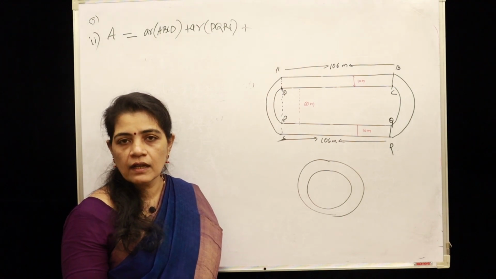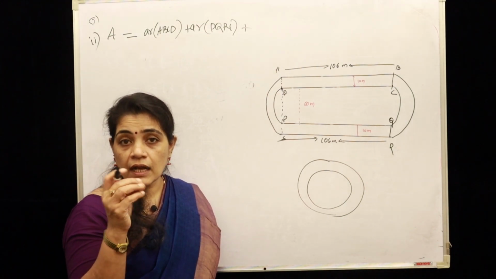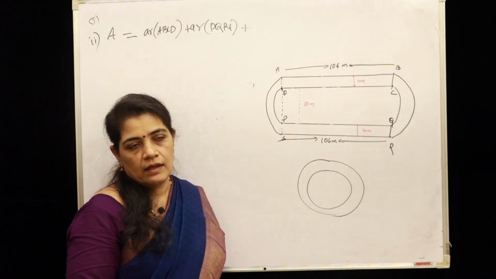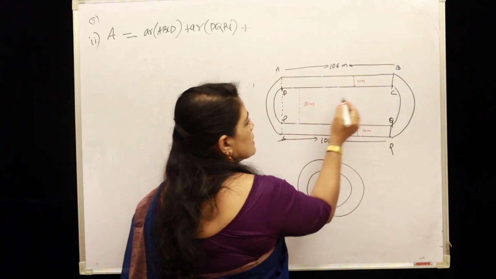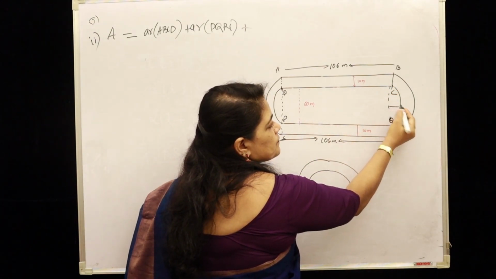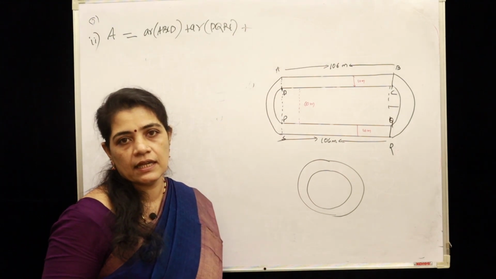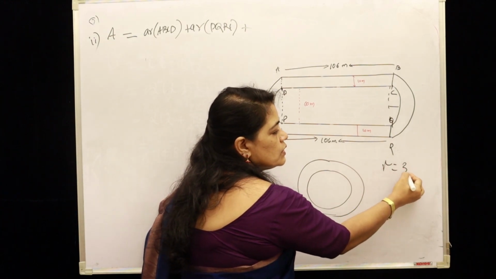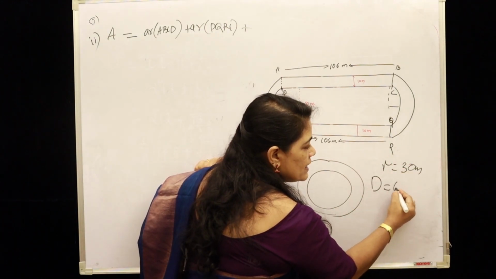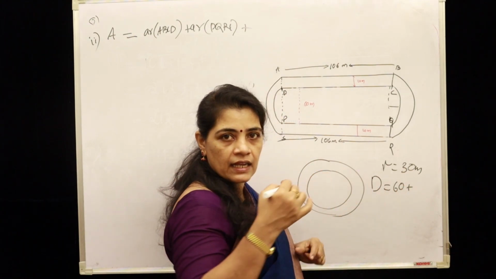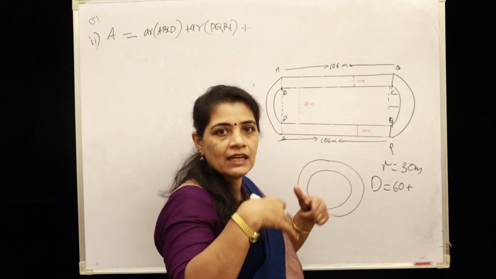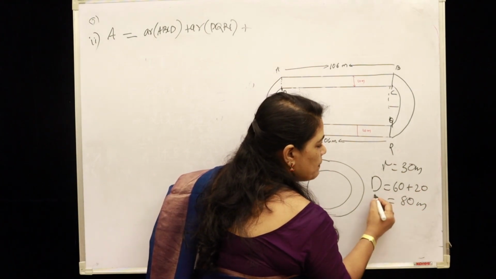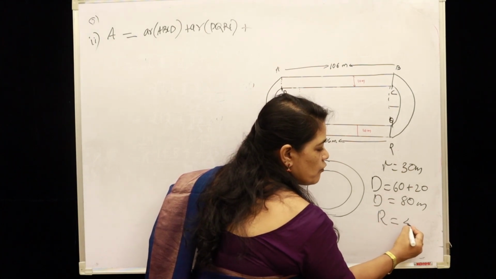What is the area of the ring? That is pi capital R square minus pi small r square. Small r: this is the diameter, that is 60, and its half, we have seen, small r is equal to 30. Capital D will be the distance between the inner edges, that is 60, and 10 on both sides, so 20, that is 80 meter is the capital D. So capital R will be 40 meters.